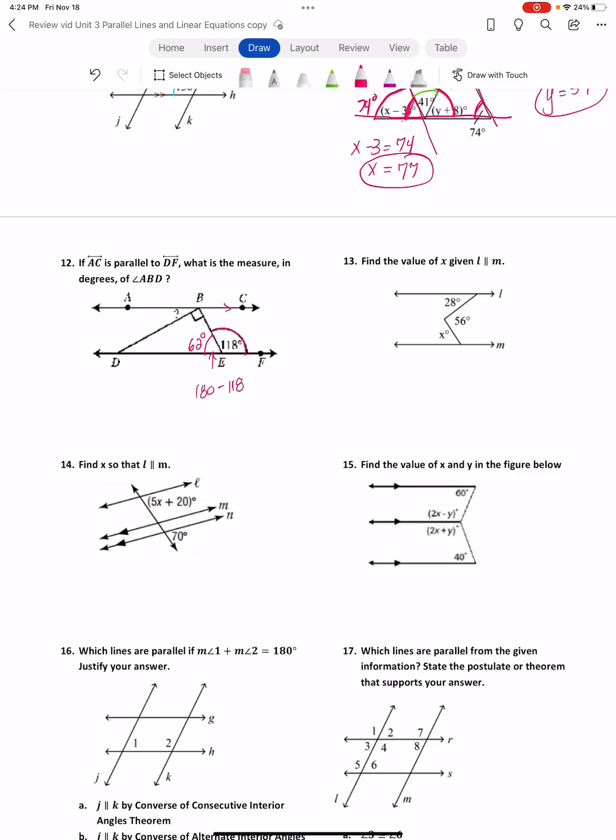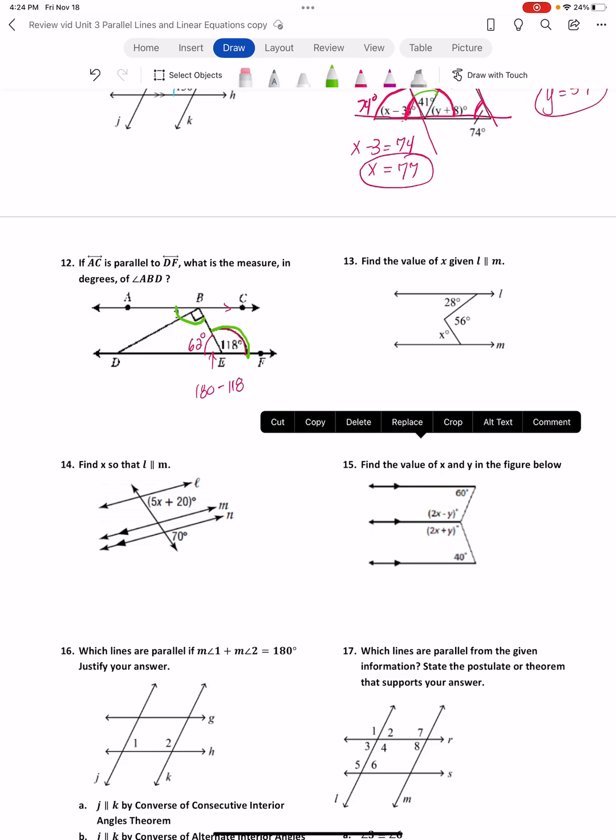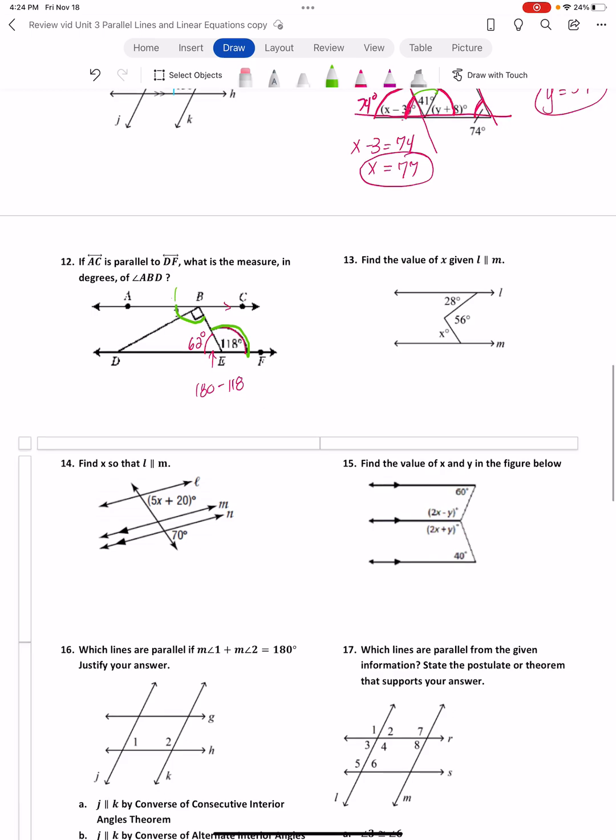I also know if this angle is 118, then this angle also has to be 118 because they're alternate interior.